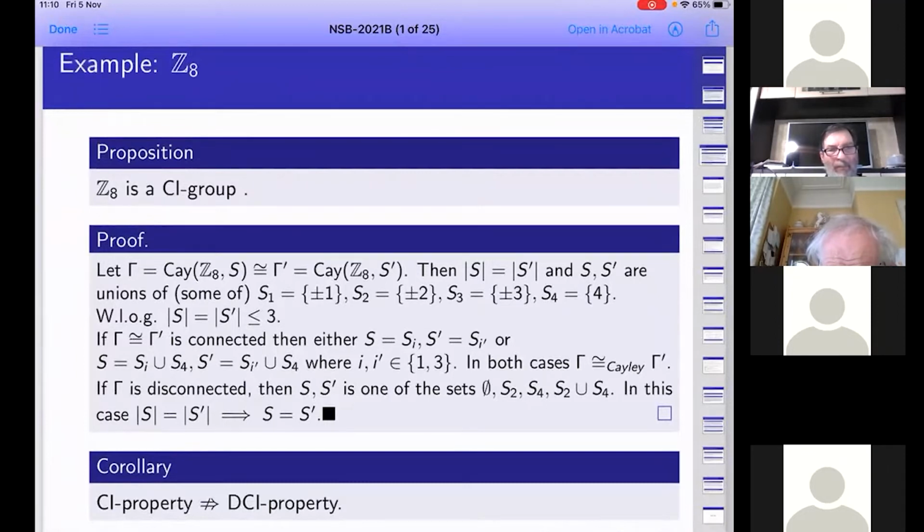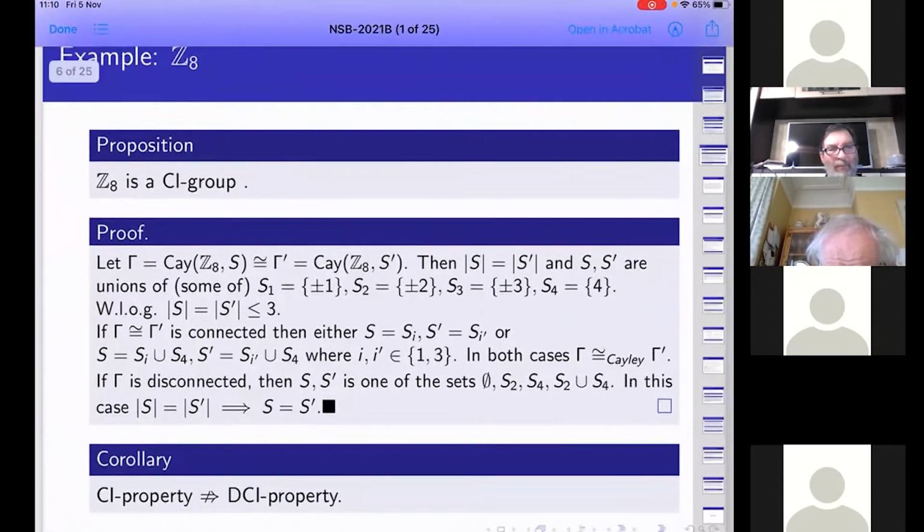So let me give you the short proof of that. So we take an undirected Cayley graph, so 2 of them, gamma and gamma prime. So if they are isomorphic, they should have the same cardinalities of connection set. And because the graphs are undirected, the connection sets should be the unions of some sets from here.